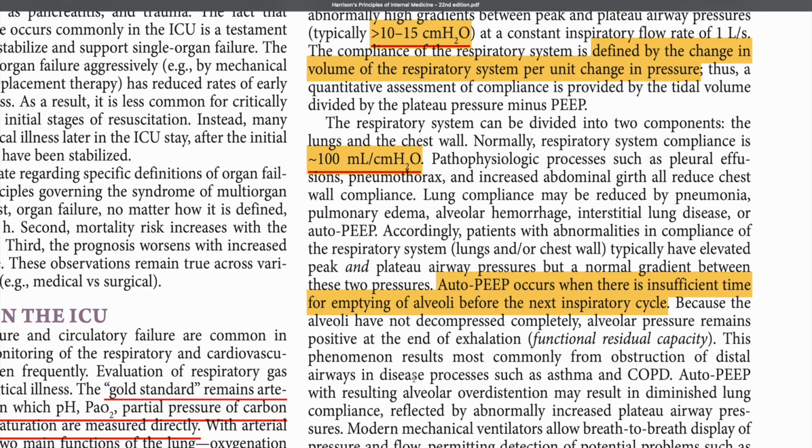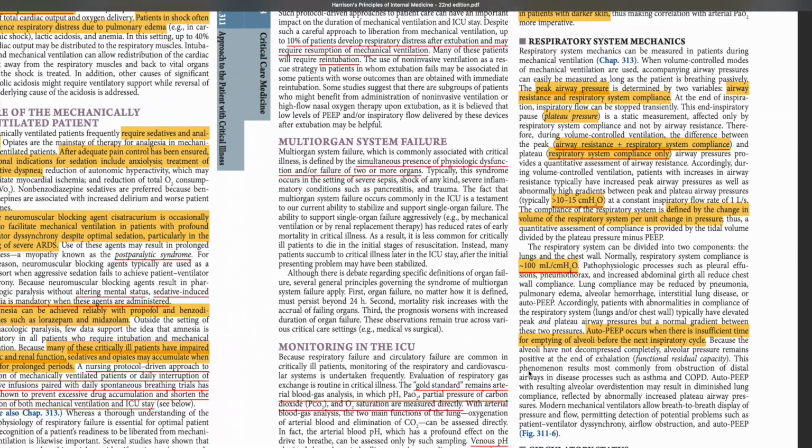These allow detection of patient-ventilator dyssynchrony, airflow obstruction, and auto PEEP. In ICU, we should always track both the peak airway pressure and plateau pressure. It helps us to distinguish obstruction and compliance problems. So basically, we have to find whether the patient has an obstructive disease or a compliance problem. That's what respiratory system mechanics tells.